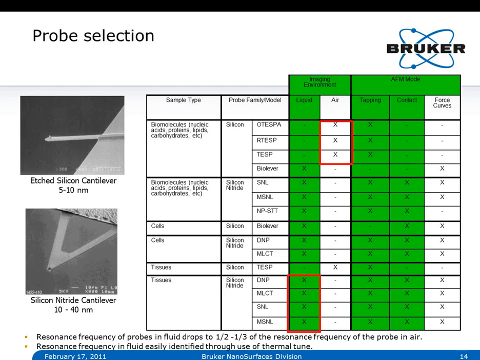And I strongly suggest, years ago I would have never used an aluminum coated probe because the coating was really not very good, and there was often something on the front end of the probe. These days, the coating is really good. It's only on the back side of the probe. It increases your signal, and there's really no reason not to use an aluminum coated probe. So go ahead and do that.